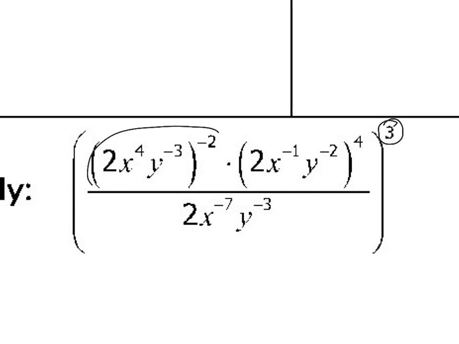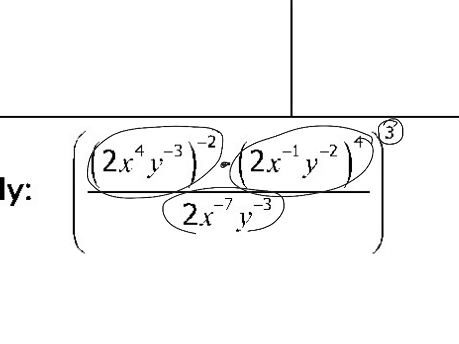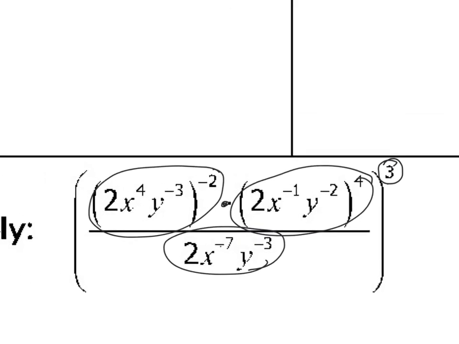I would do this first, and then this, and then multiply them. Then I would divide by that. Those negatives, you can go ahead and bring them up to the top, make them positive. Then take your answer, which should be a monomial, to the 3rd power. Just try it, see what you do.